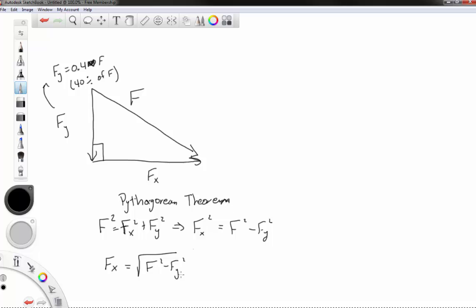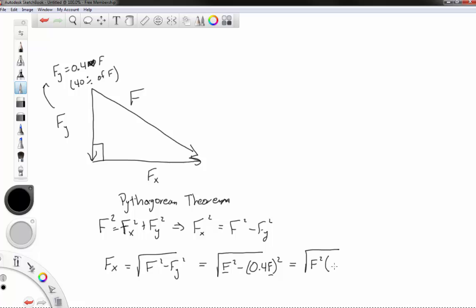Okay, well, we have that Fy is 0.4 times F. So that means we have the square root of F squared minus (0.4 F) quantity squared. One thing you can do here is notice that there's an F here and there's an F here, so you can pull out the F squared.